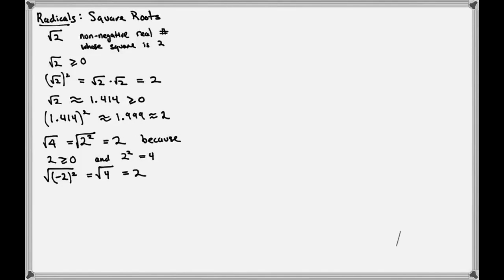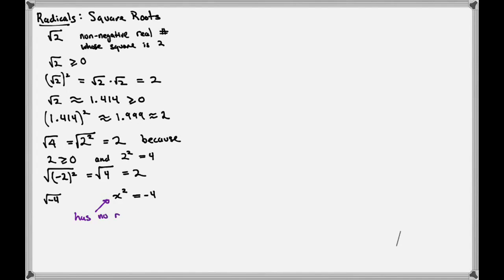Now compare that situation to something like the square root of minus 4. So now I'm asking for a real number that's non-negative, and when I square it, it's going to give me minus 4. Well, that's a problem because no matter what I take for the answer, let's call it x, and I square it, it's supposed to be minus 4. You'll never be able to find a real number whose square is ever negative, let alone negative 4.